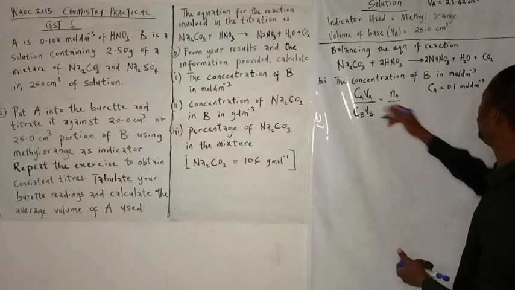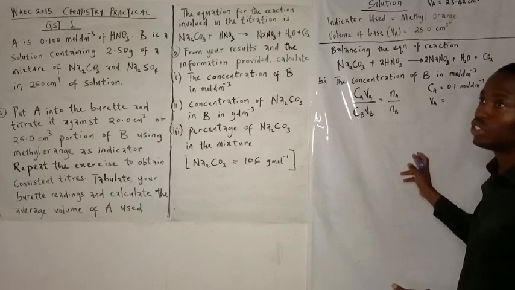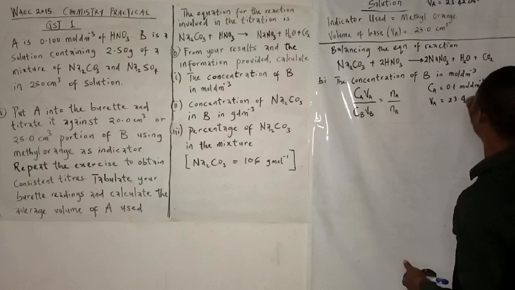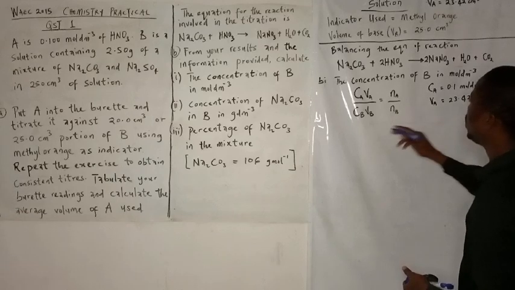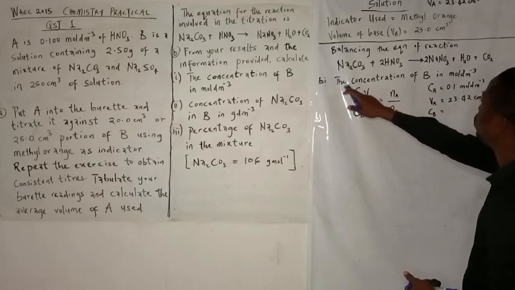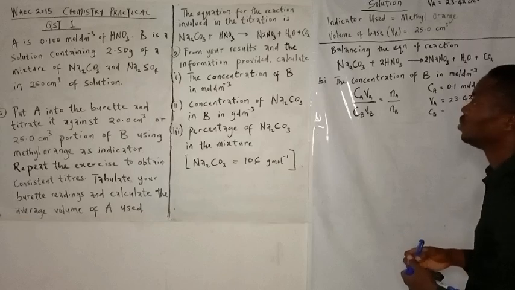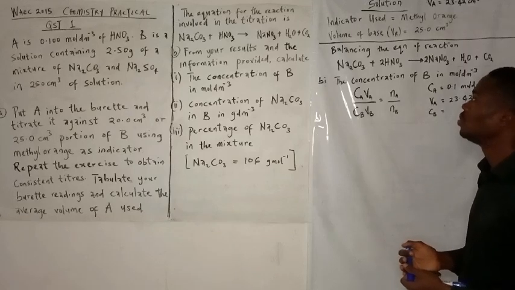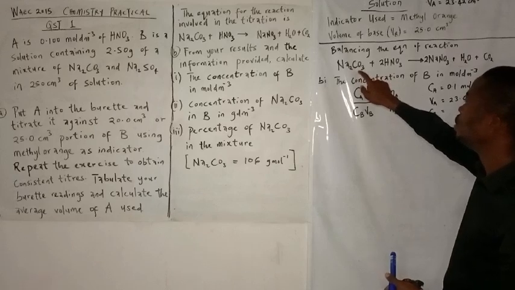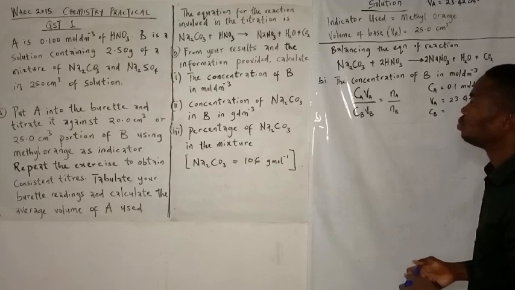And then our Va, the volume of acid used, we have obtained from the titration done to be 23.42 cm cube, and then the concentration for the base is what we are looking for, the concentration of B in mole per dm cube. So Cb, not really the concentration of the entire base, but the concentration of the base in this reaction.